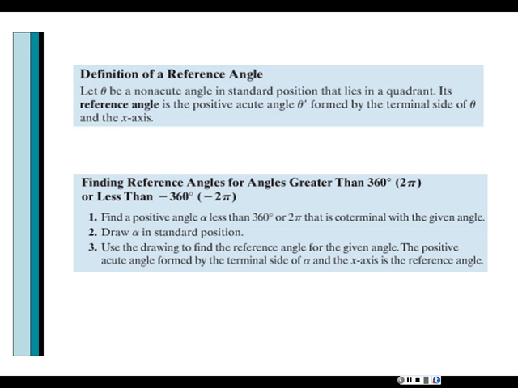Standard position means it can be in quadrant 1, 2, 3, or 4, anywhere. So in general, it is not an acute angle. We know that an acute angle must be less than 90 degrees, so 0 to 90. Now, the reference angle is a positive acute angle.